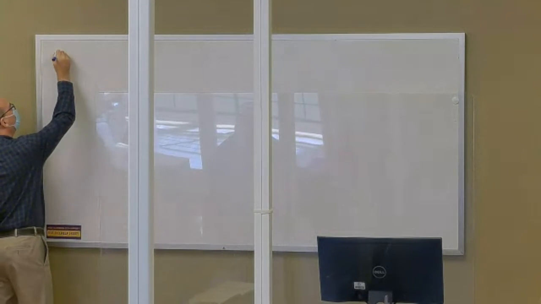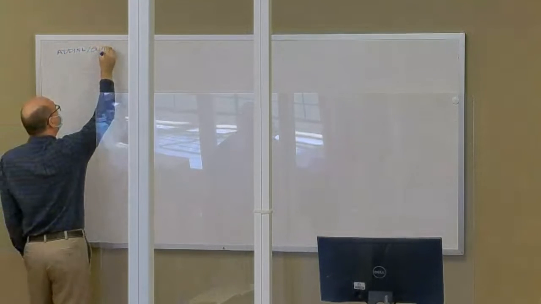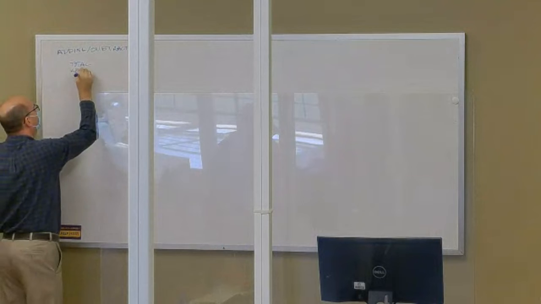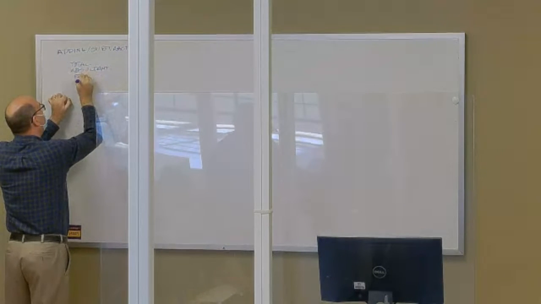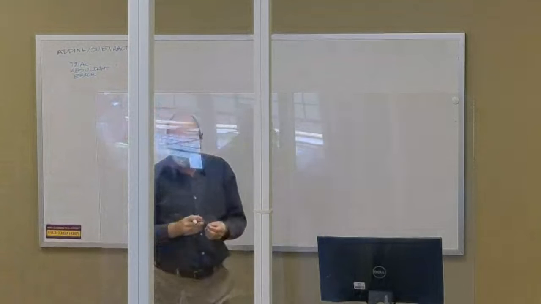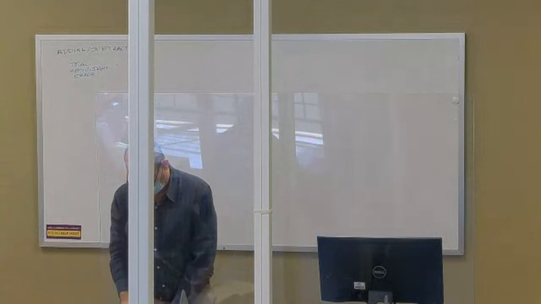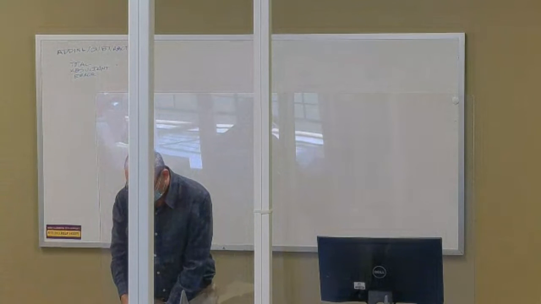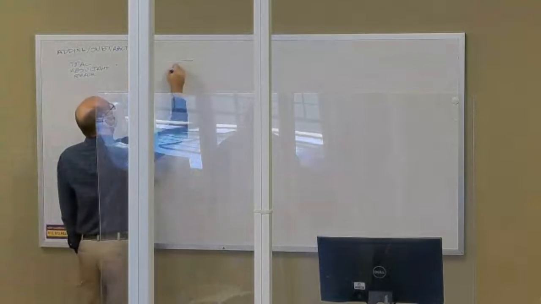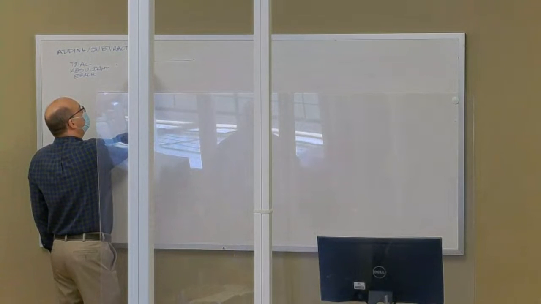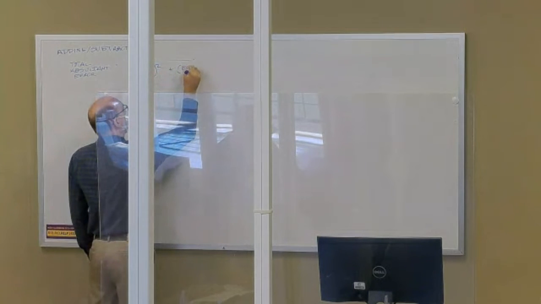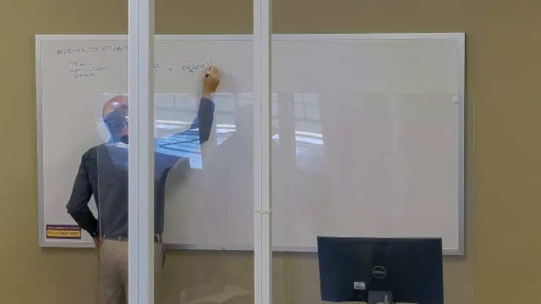So I said for adding and subtracting, the total resultant error is equal to the square root of the error in A squared plus the error in B squared, for each individual measurement.